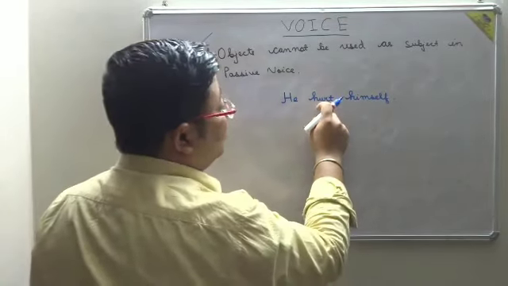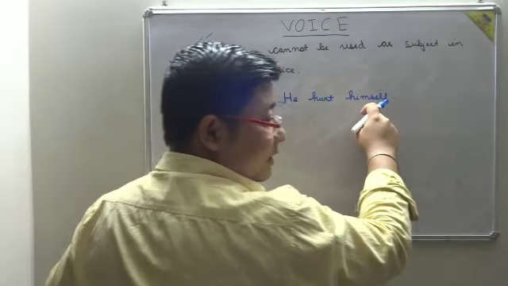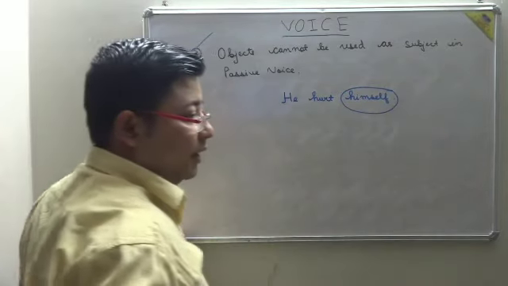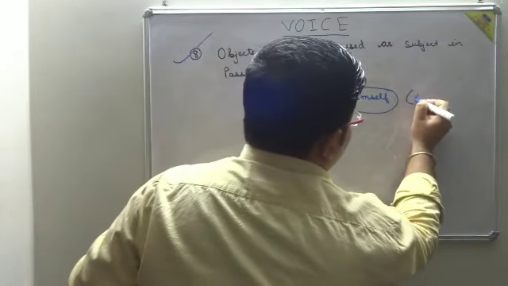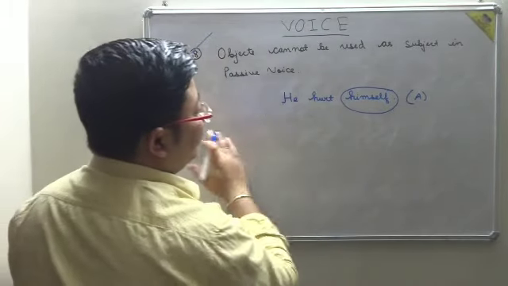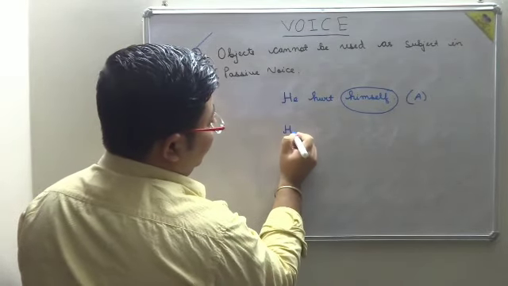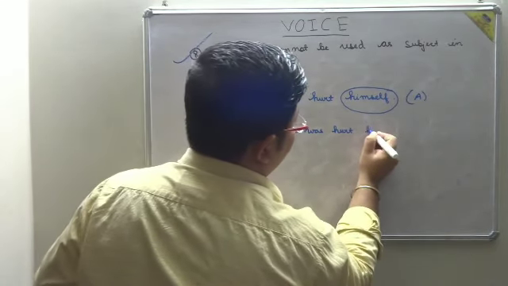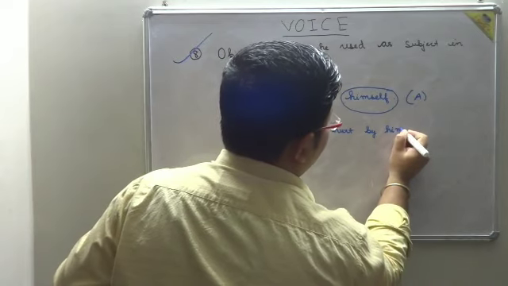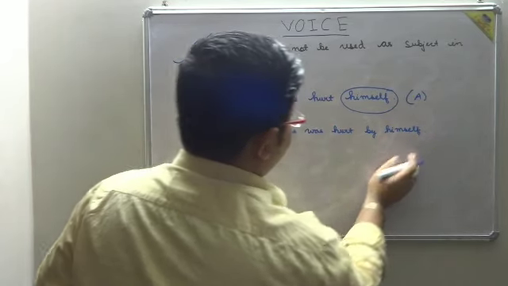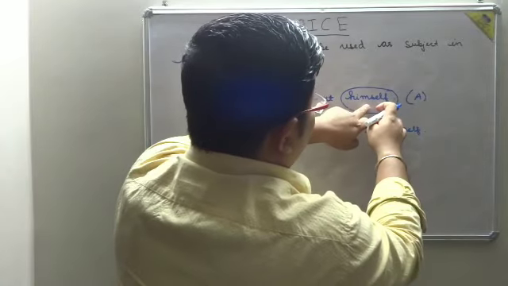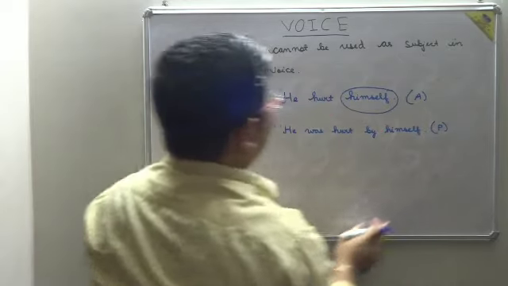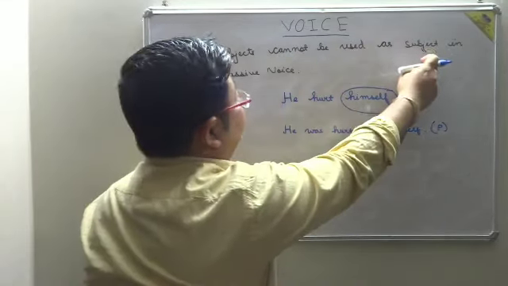Subject, verb, then it is the object here. If I turn this active voice into passive voice, how can I write? He was hurt by himself. See, the object will never become the subject here in passive voice.